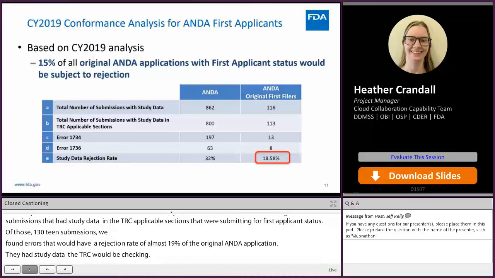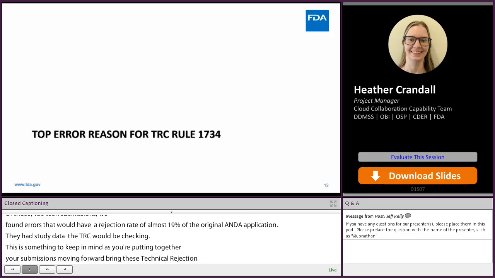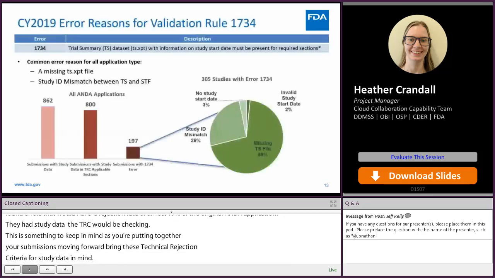So getting into the top error reasons for 1734 that our conformance analysis found. 1734 is looking for a trial summary dataset, or ts.xpt, with information on the study start date that must be present for the required sections.